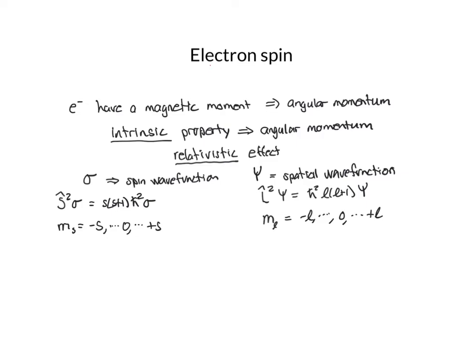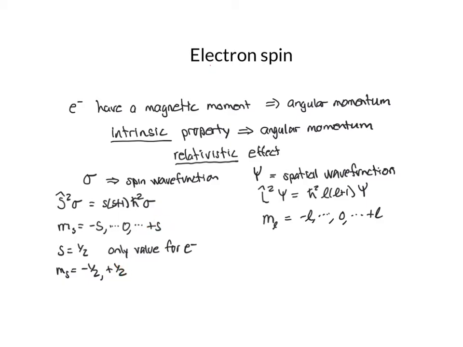So it turns out that for electrons, s is always 1/2. That's the only value of that quantum number that works for electrons. And so all electrons have an s quantum number of 1/2. That means that m sub s starts at minus 1/2, add 1 to that, we get plus 1/2, and then we're at the end of our series, we're at plus s.